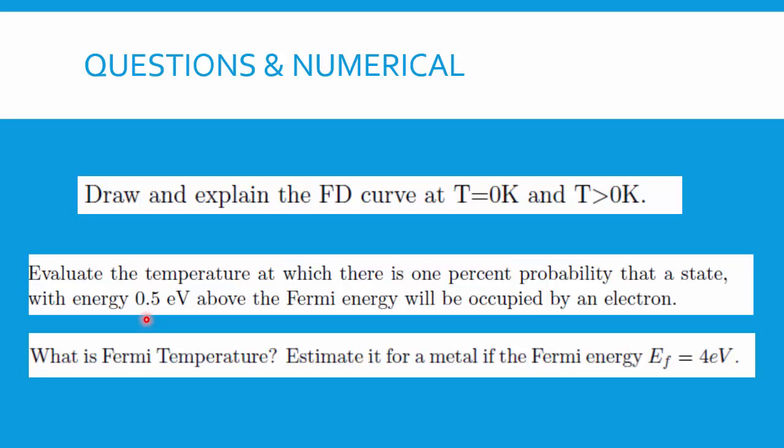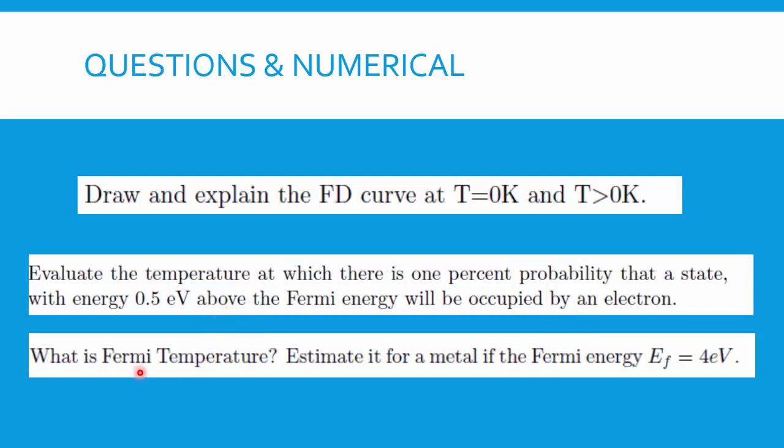So if you consider Fermi energy as EF, then the other energy EI will be 0.5 plus Fermi energy. You have to calculate the temperature by substituting these values in the distribution function formula. You will get the answer.